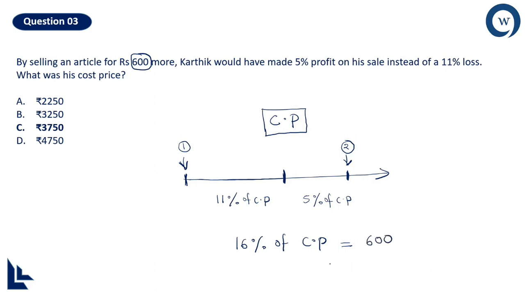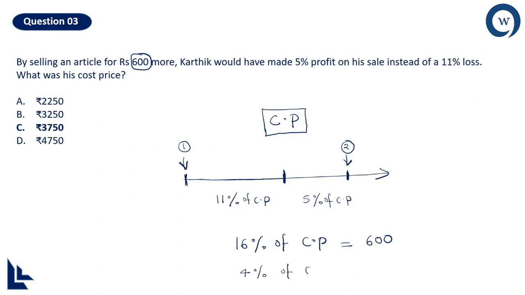Now you need to find out how much is 100% of the cost price, because in the previous problem also I told you 100% should be considered the cost price, right? So how to find it out? Very simple calculation. I'll do this. If 16% of the cost price is 600, tell me what is 4%.